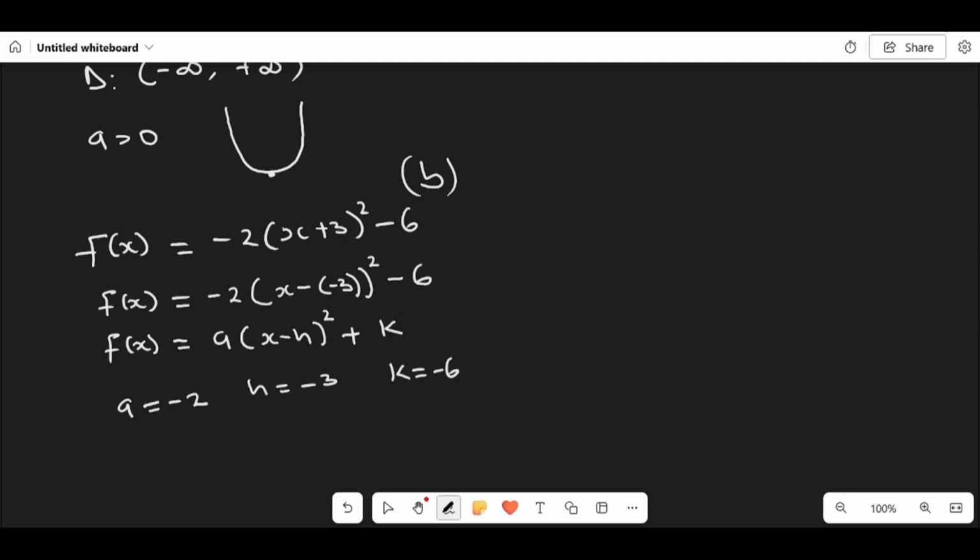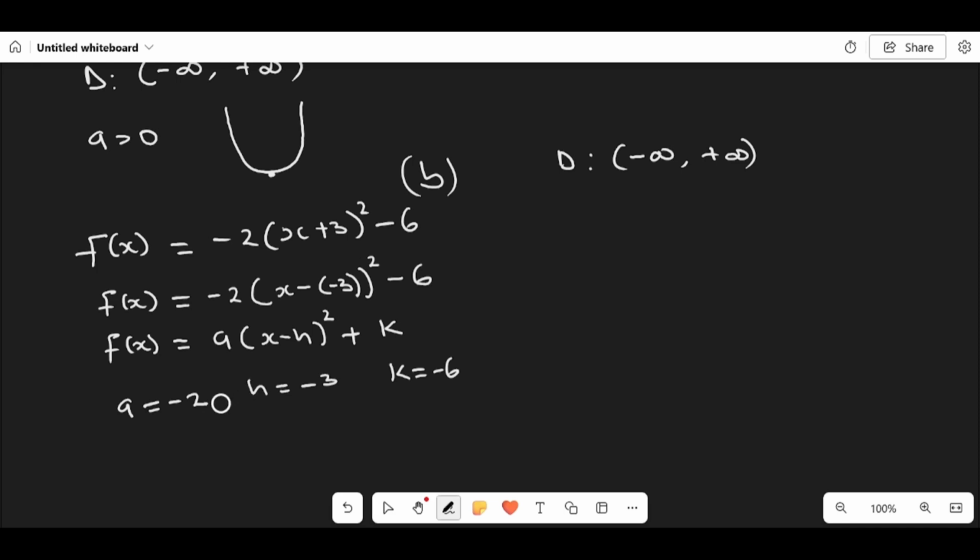-6. And I have said earlier that whenever we are dealing with a quadratic function, the domain is always from negative infinity to positive infinity. So our domain is (-∞, ∞). But our range, we need to calculate our range now.